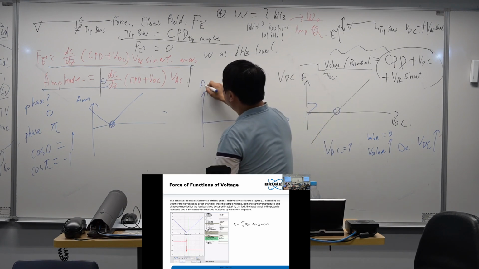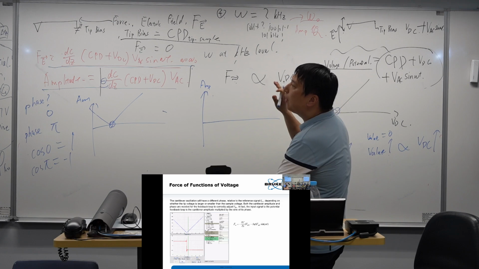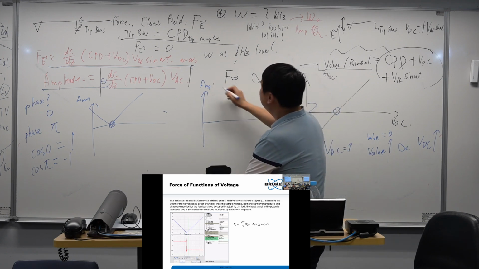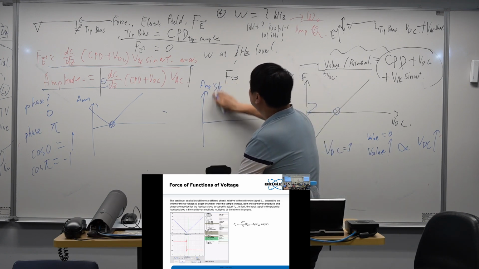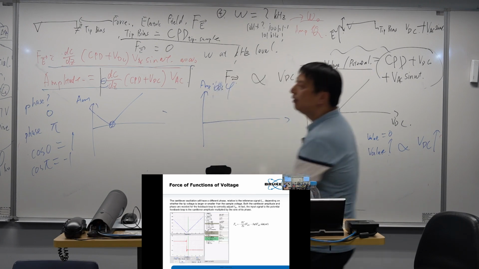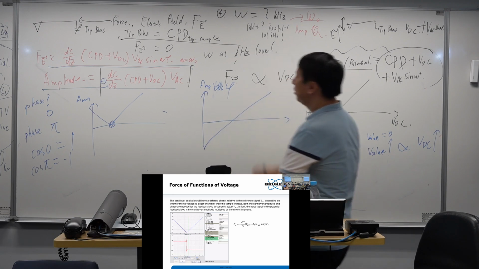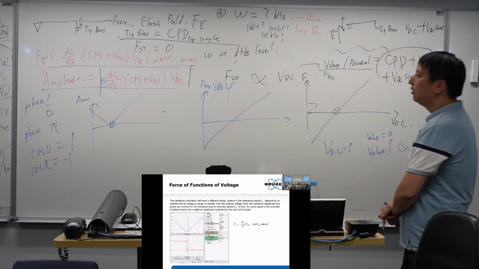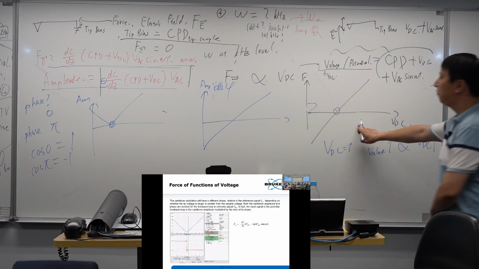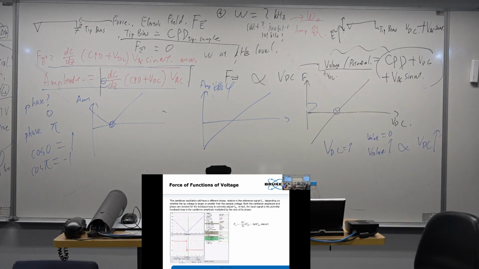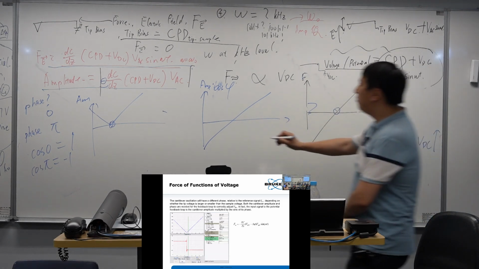So he has an amplitude. If I multiply the amplitude by the cosine phi, I change these terms to here, and then it's the same as the electric field force. And then he came back again.